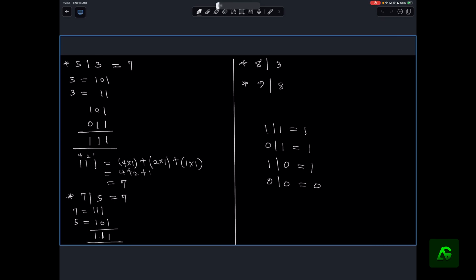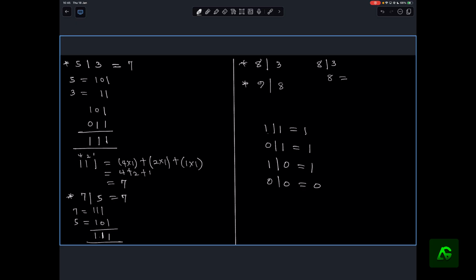The solution of the given question. For the first one, where we have 8 inclusive OR of 3, we need to know the equivalent form of 8 in base 2.